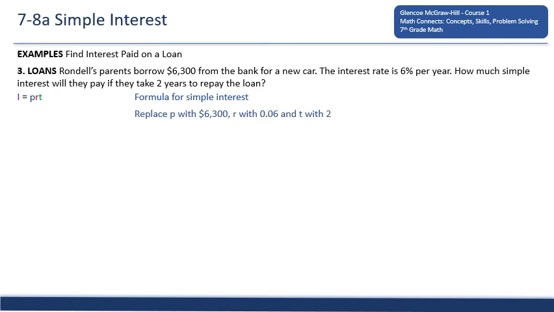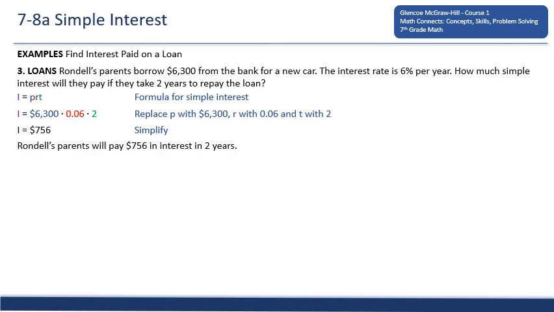Replace principal with 6,300, rate with 0.06, which is the decimal of 6%, and time with 2. So we get interest equals 6,300 times 0.06 times 2. We simplify that by multiplying. We get $756. Rondell's parents will pay $756 in interest in 2 years.